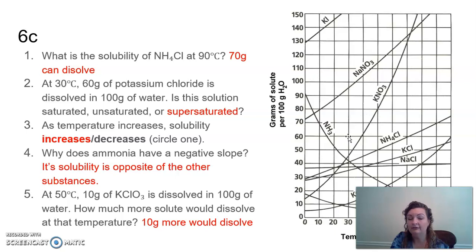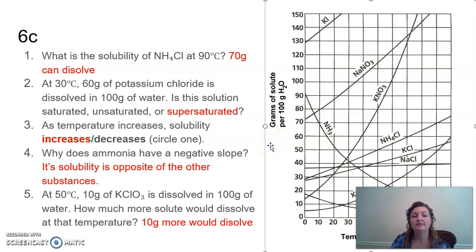My line for potassium chloride is way down here. Do you guys see that? So I am definitely above the line. In fact, anywhere over here, right? Because there's a line, anywhere over here would be above the line. And I am definitely above the line right here. So this is supersaturated, okay?